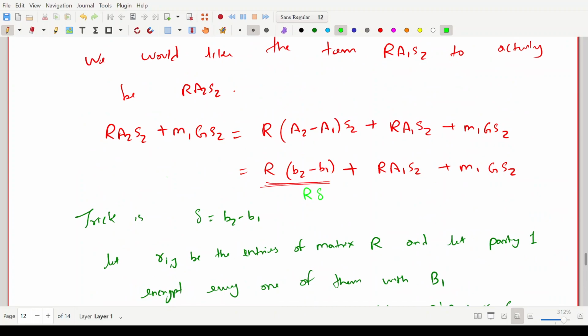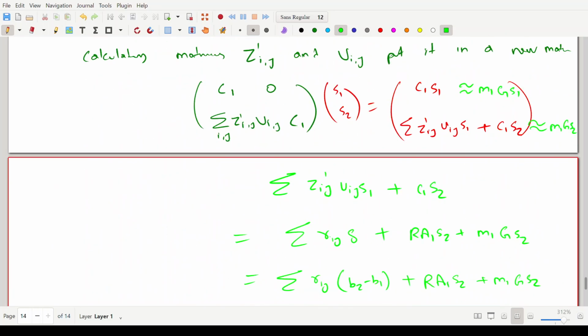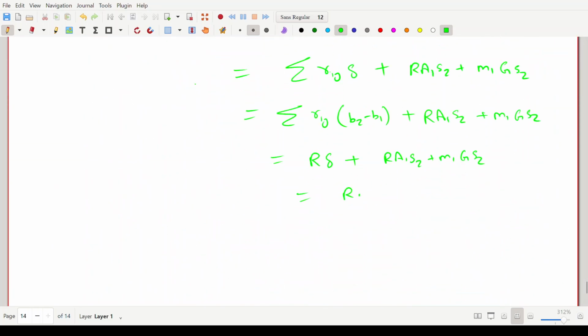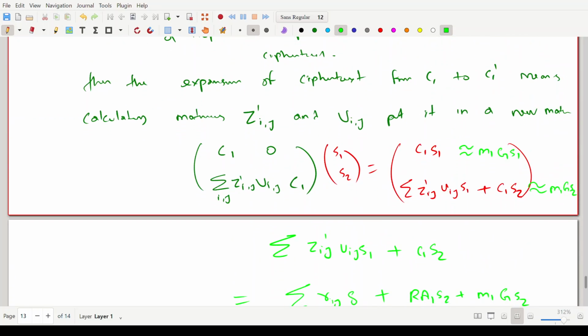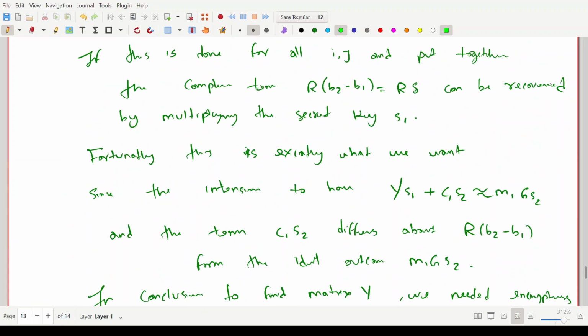So you got the left hand side. This left hand side is the same as R E2 S2 plus M1 GS2. Now what do you know about R E2 S2? This will be your error part. So this is similar to M1 GS2. This is what I wanted, that second term should be similar to M1 GS2.